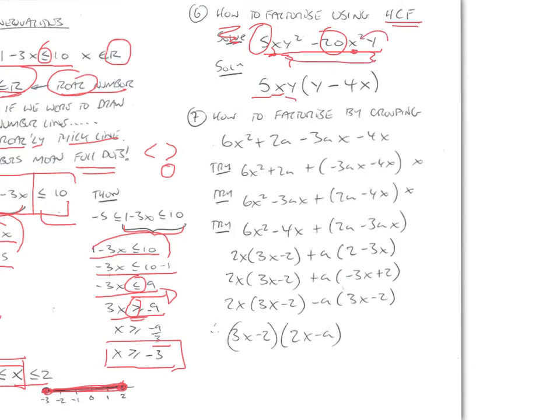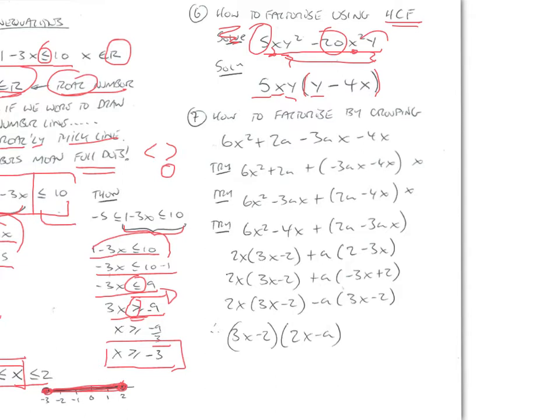So we write 5xy outside our brackets, and then we divide 5xy into 5xy squared, and we get y, and 5xy into minus 20x squared y is minus 4x.